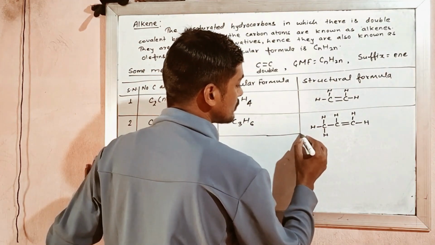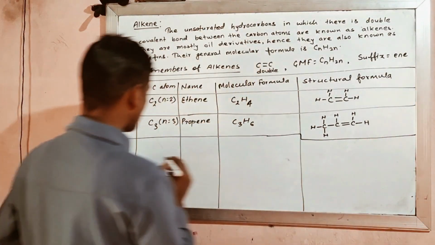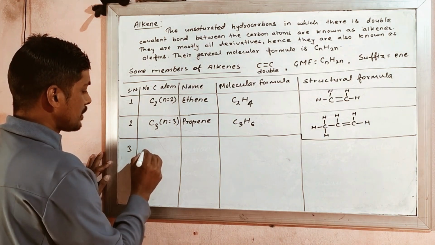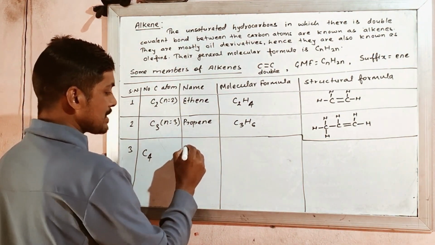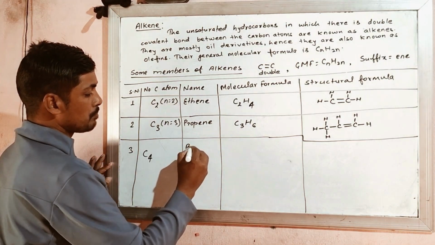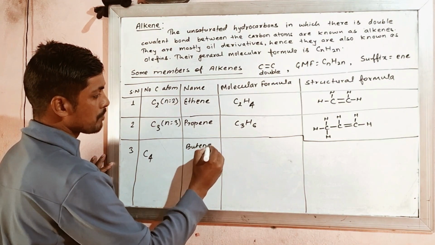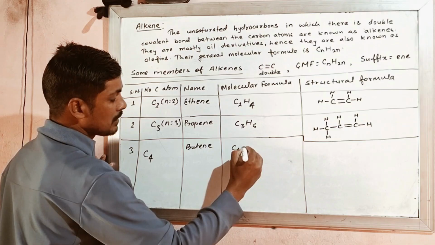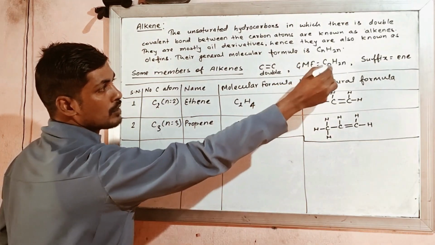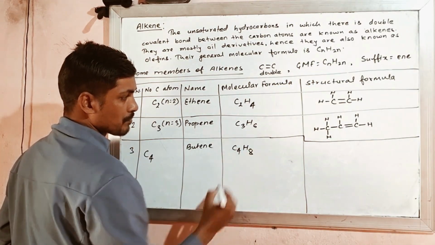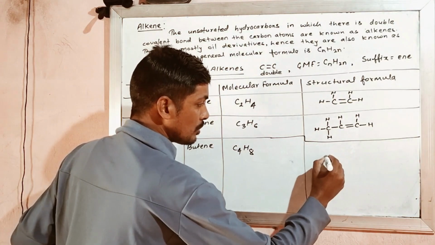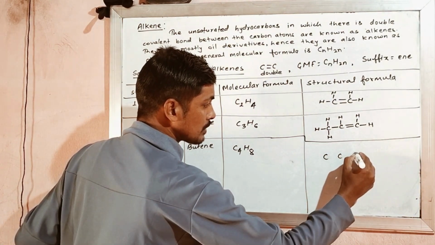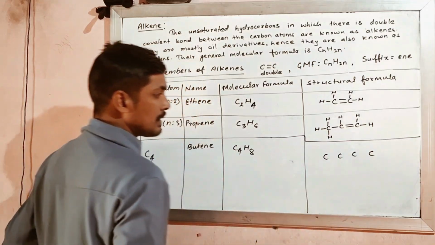Number 3. If there are 4 carbon atoms, then the name is butene. C4H how many? 2 times 4 is 8. Again, make 4 carbon atoms first of all: 1, 2, 3, 4.